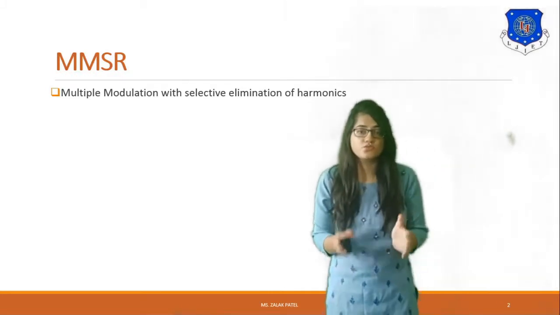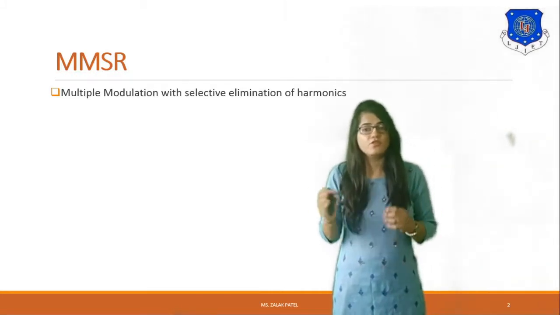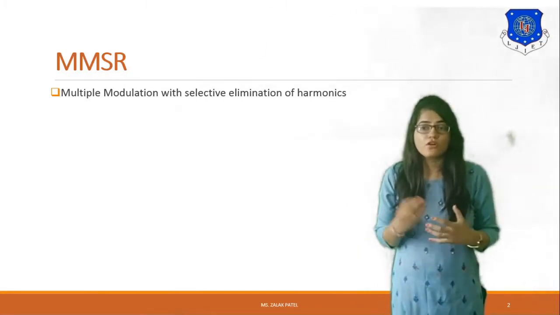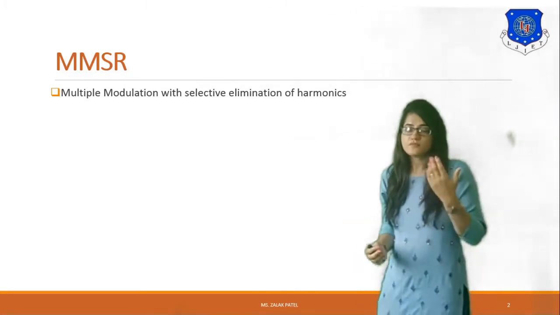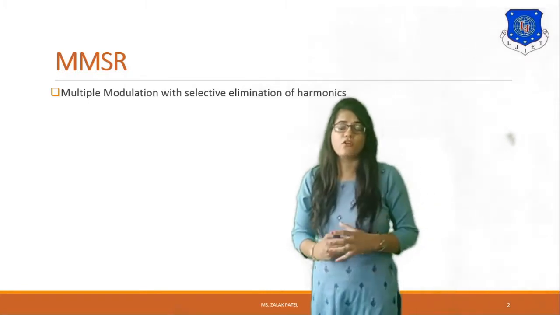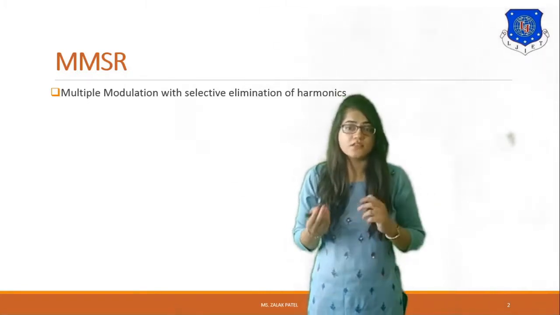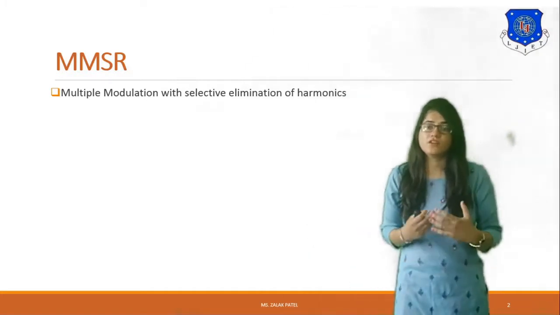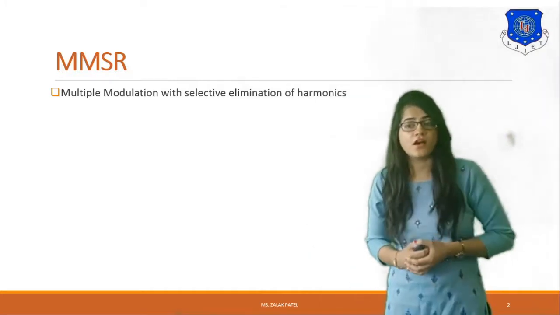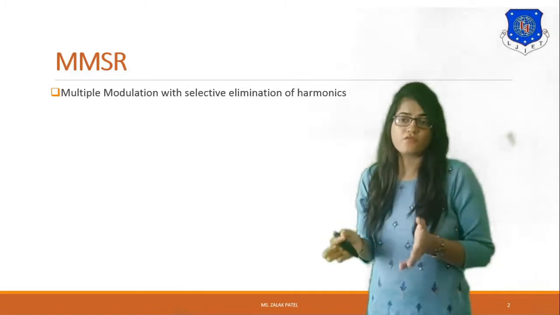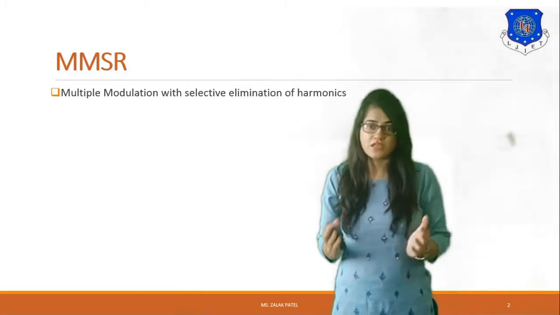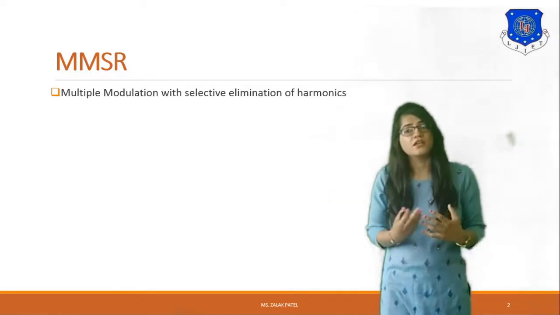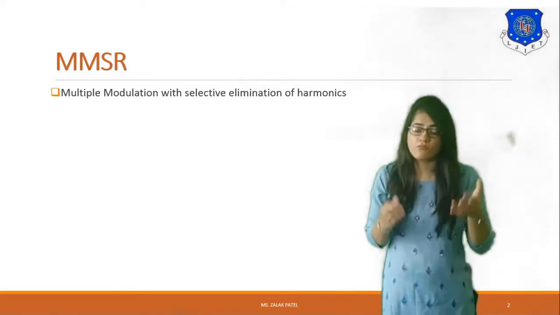In the first two types of PWM inverters, we have seen that they create a number of harmonics, and as we discussed in the units on rectifiers and on step-up and step-down choppers, if the amount of harmonics is more, then the system performance may get affected. So we always try to eliminate the harmonics.